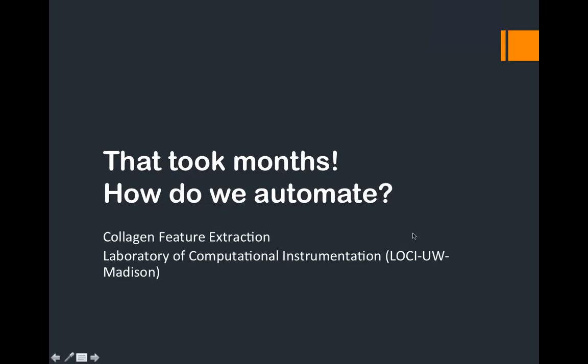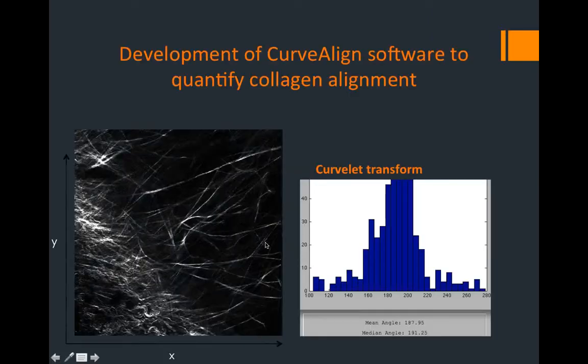But with our collaborators at LOCI, Laboratory for Optical and Computational Instrumentation, we were able to develop software technology to automate this process. That group used what's referred to as a curvelet transform, which allowed us to look at each individual fiber in angle and create a vector.